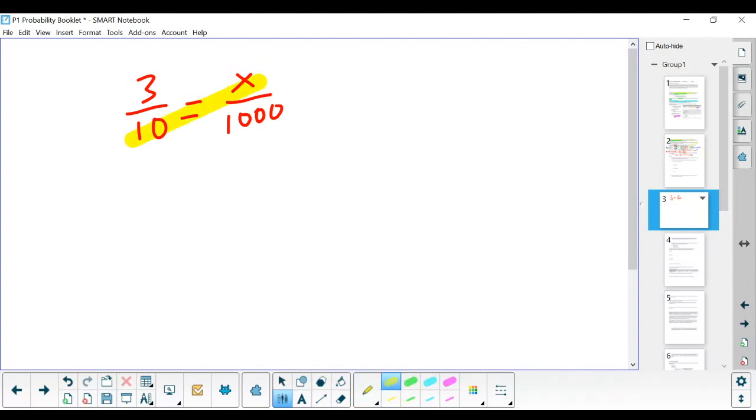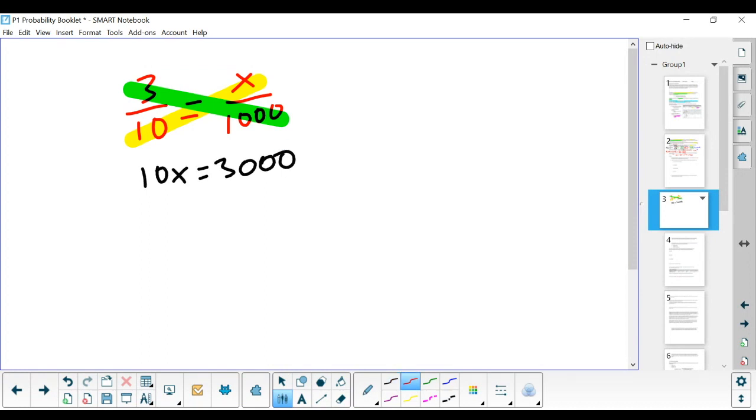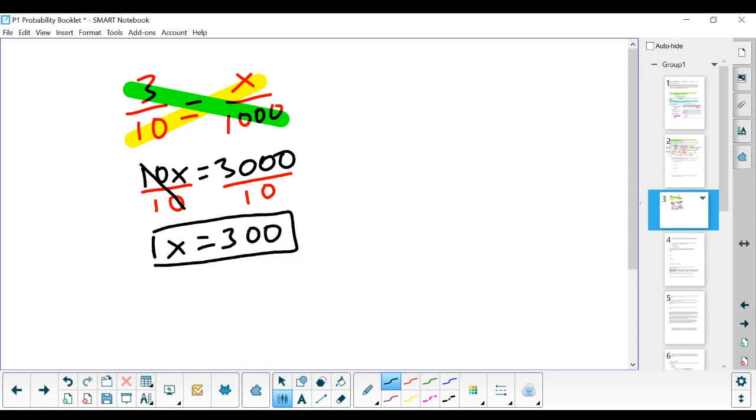So you've got 10 times x, and then we're going to multiply 3 times 1,000. So we'll have 10x is equal to 3,000. We can divide both sides by 10 to isolate for x, and we'll get x is equal to 300. So this is just a second alternative method to helping us figure out how many red candies we would get.